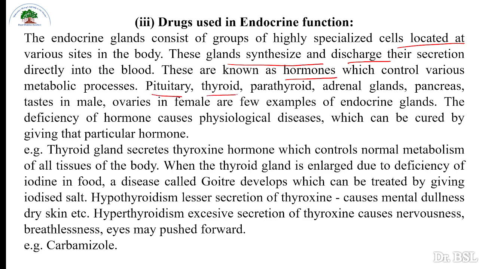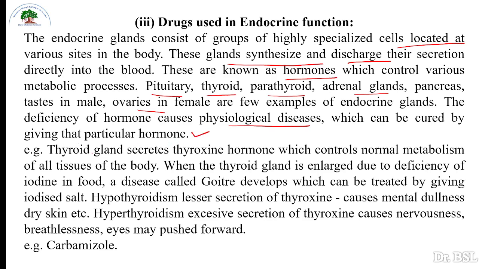Pituitary gland, thyroid gland, parathyroid gland, adrenal gland, pancreas, testis in male, ovaries in female are a few examples of endocrine glands. The deficiency of a hormone causes physiological diseases, which can be cured by giving the particular hormone.